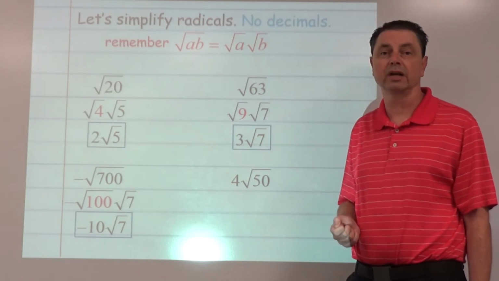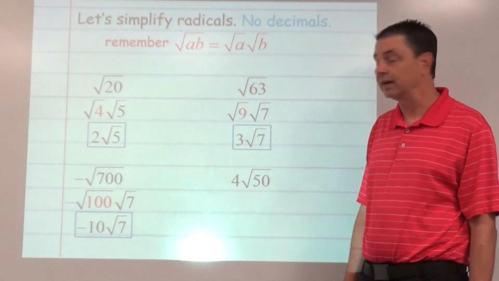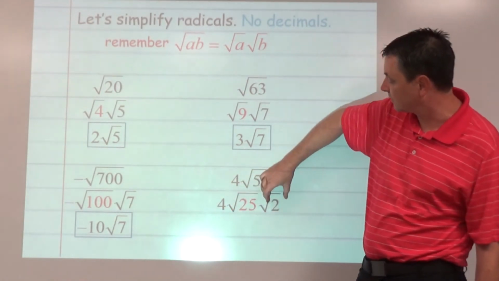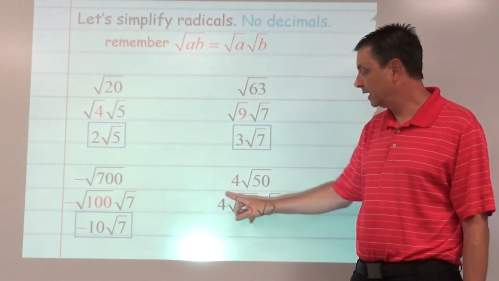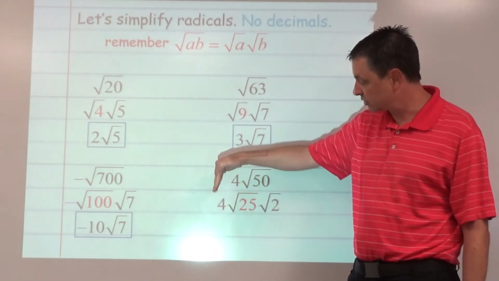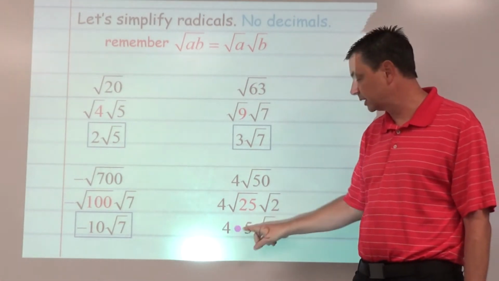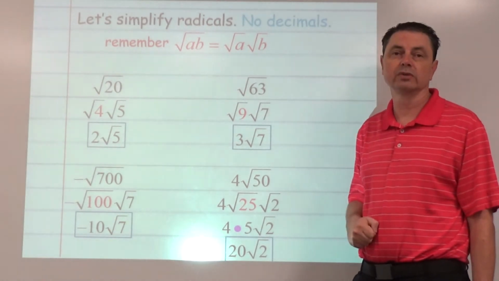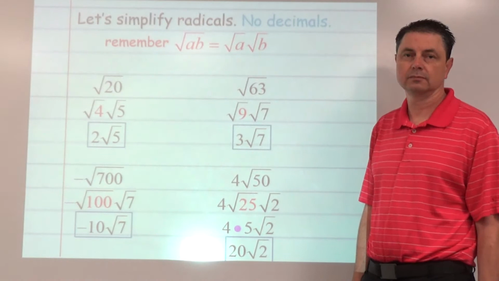What perfect square goes into 50? 25. So keep the 4. Square root 25 times square root 2. This becomes 5. And this is implying multiplication. So 4 times 5 times the square root of 2. 4 times 5 is 20. 20 square root 2, or 20 times the square root of 2, is our answer.